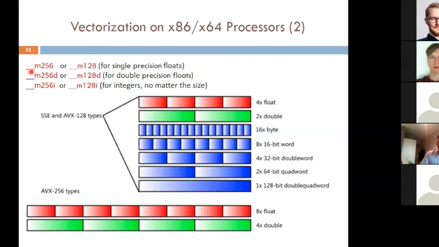And when we declare a variable with this, we're telling it that we can initialize eight single precision float numbers, and the register is 256 wide.